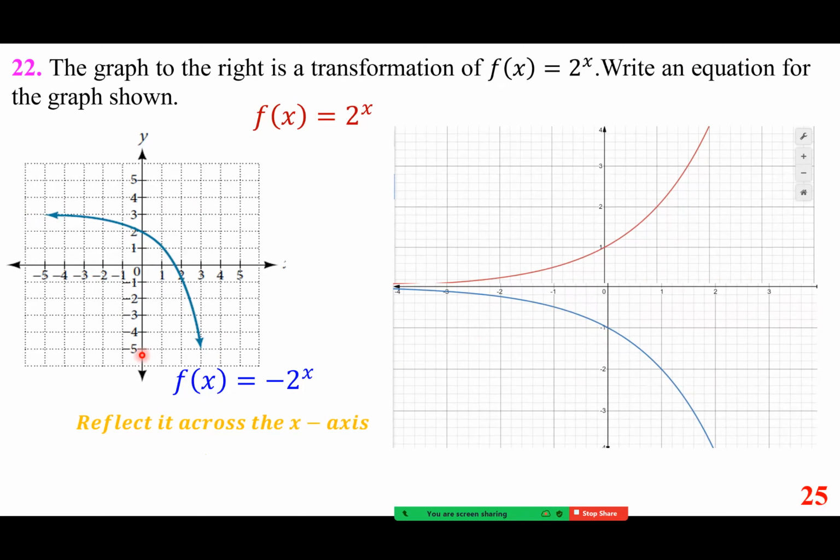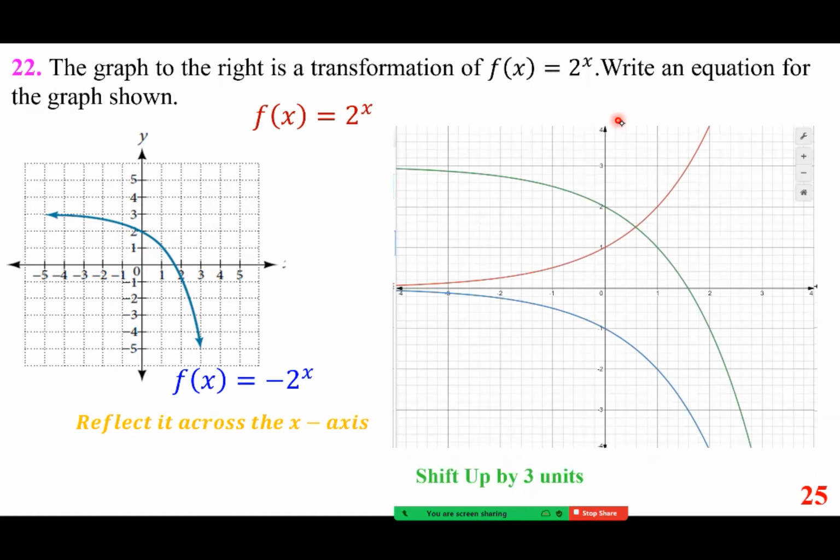Now this has shifted up. If you look at this one, this is similar to that, but now we have a horizontal asymptote of y equals 3. Take a look at this. The horizontal asymptote is the x-axis for both cases, which means y equals 0, by the way. It has shifted up by 3 units. So take a look at what happens. If we shift this up 3 units, 1, 2, 3.